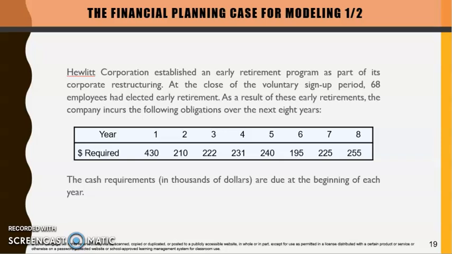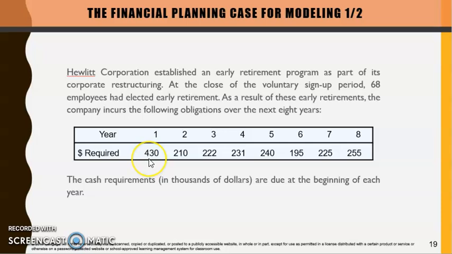As you can see in the table, the obligations are monetary payments that the company is obliged to make regarding the early retirement of 68 employees. It means that, as mentioned here, the cash requirements, in thousands of dollars, are due at the beginning of each year. So it's one of the points about this problem.